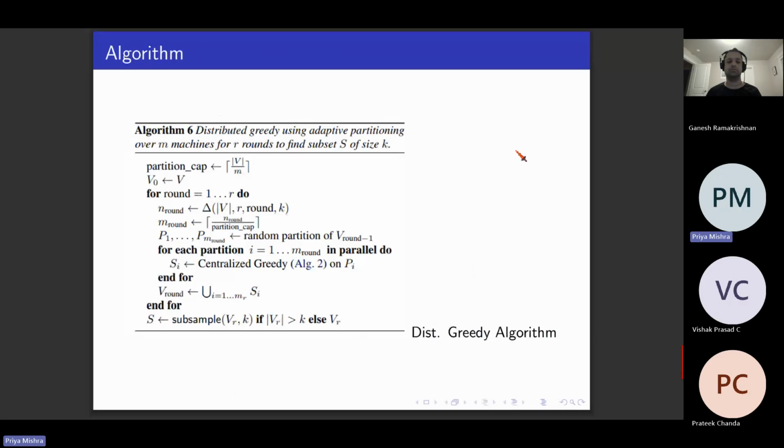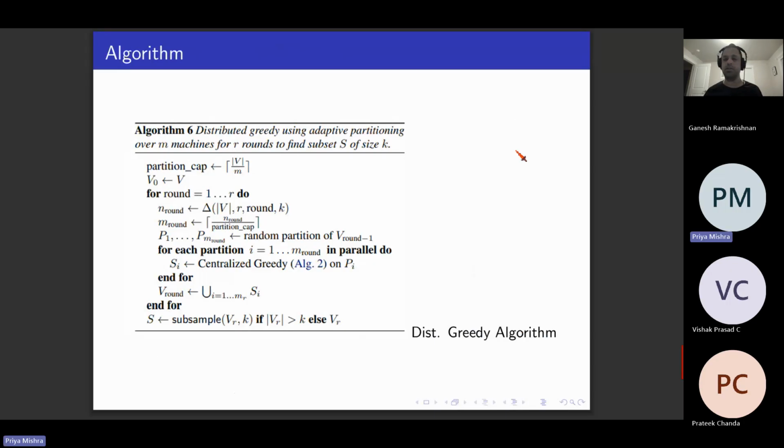Basically, first we take the data set, we reduce the size using the bounding algorithm, and there might still be points which are left in the original ground set after removing those points, and there are points in the subset which we have taken. So basically, I think the greedy algorithm combines these two and does the partition.